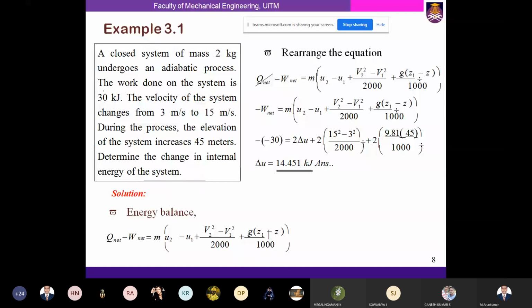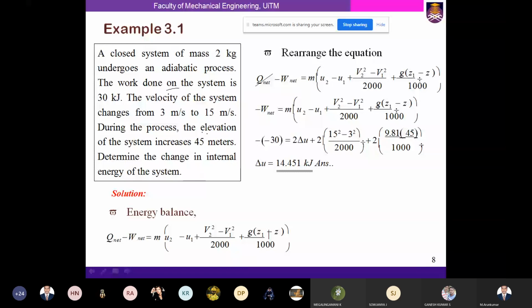Then the work done on the system is 30 kilojoules. So they gave W on the system, just note the words on the system. Then the velocity of the system changes from 3 meters per second to 15 meters per second. So we have V1 3 meters per second, and V2 15 meters per second.